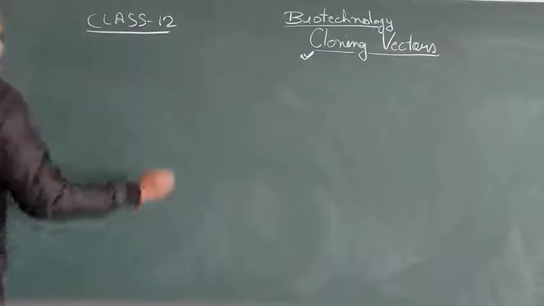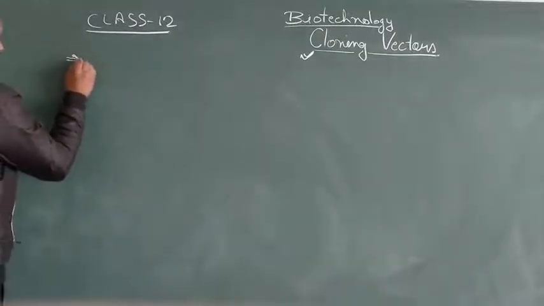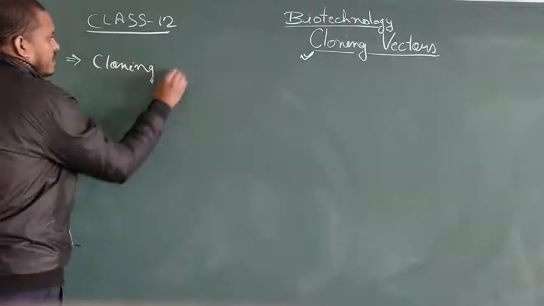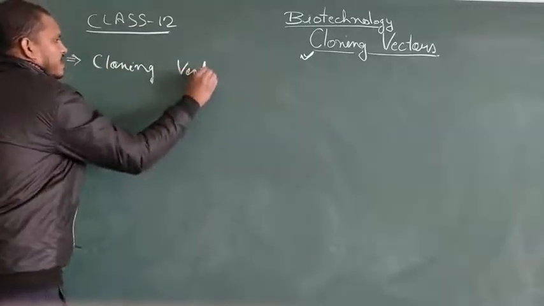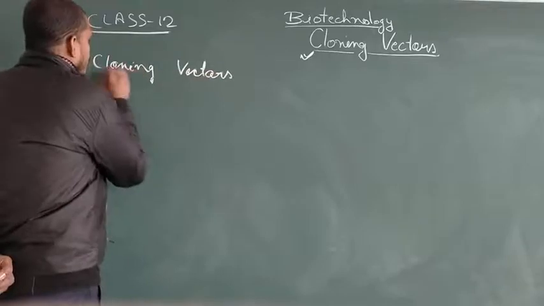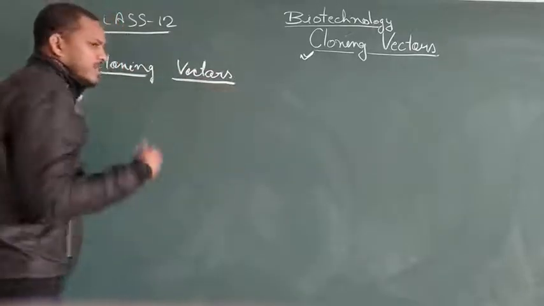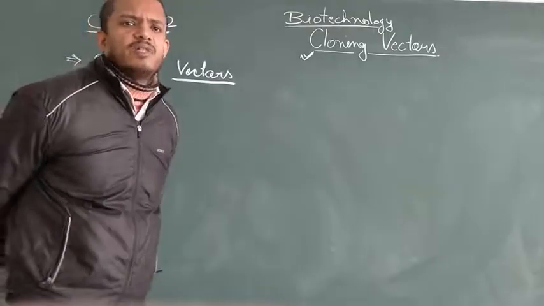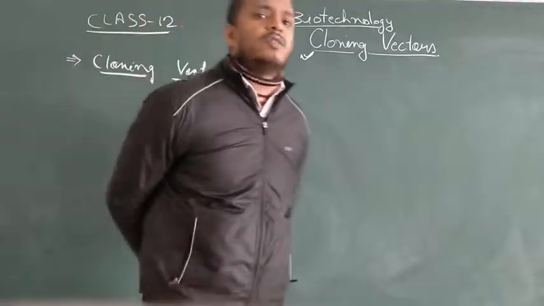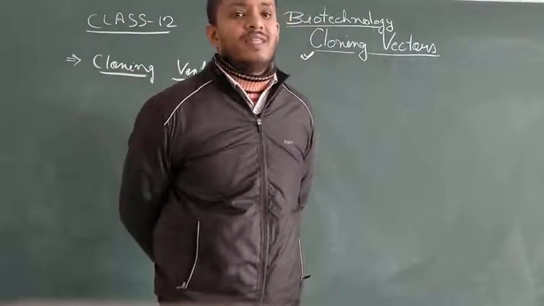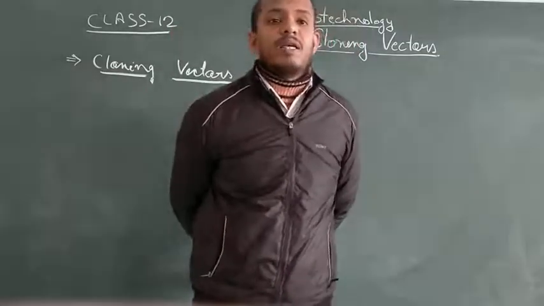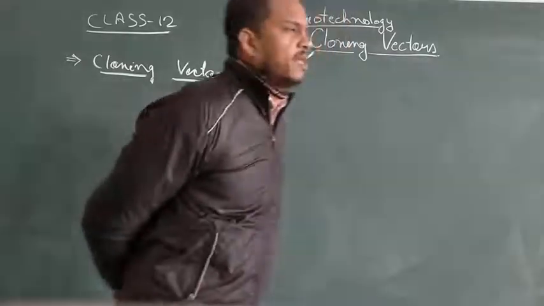So the first thing is that we are using the term cloning. What do we mean by cloning? When we make multiple copies of anything with the same structure and same features, that is known as cloning. In the case of asexual reproduction, we can call the offspring clones because they are almost the same. Same thing here also.